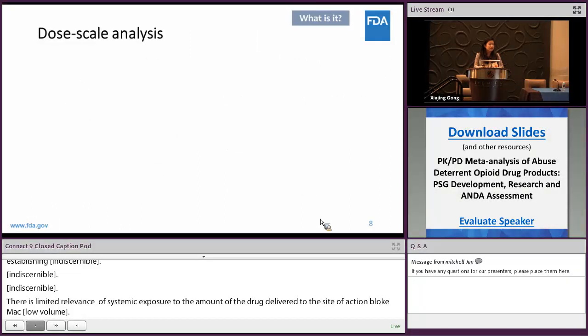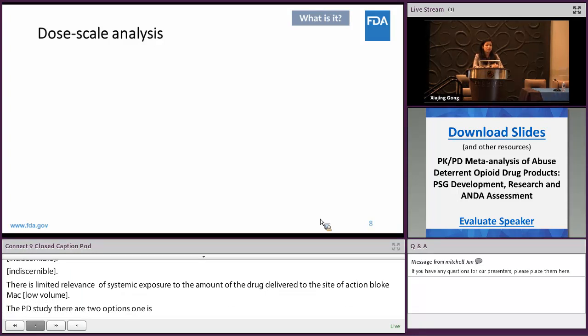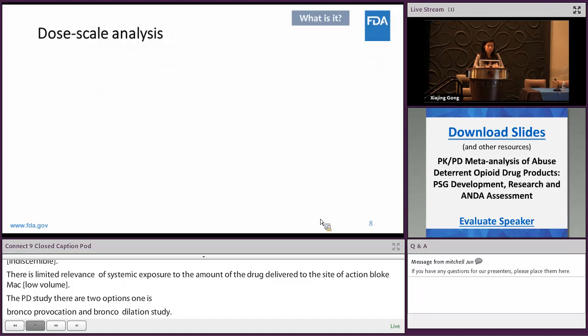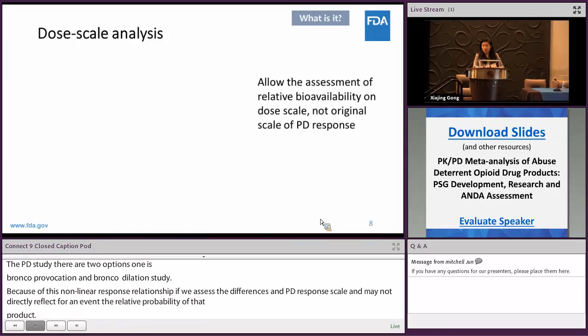Okay. So because of this non-linear PD response relationship, if we assess the differences in PD response scale, it may not directly reflect the differences in the relative bioavailability of the T and R products. To address this issue, DoseScale analysis is introduced to allow the assessment of the relative bioavailability on dose scale rather than the original PD scale.